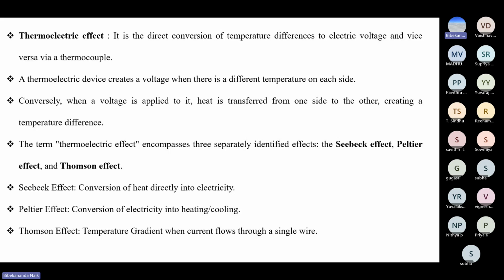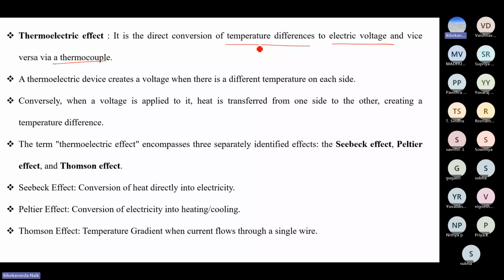This effect is called the thermoelectric effect, which is the direct conversion of temperature difference to electric voltage and vice versa, and it is achieved with the help of a thermocouple.